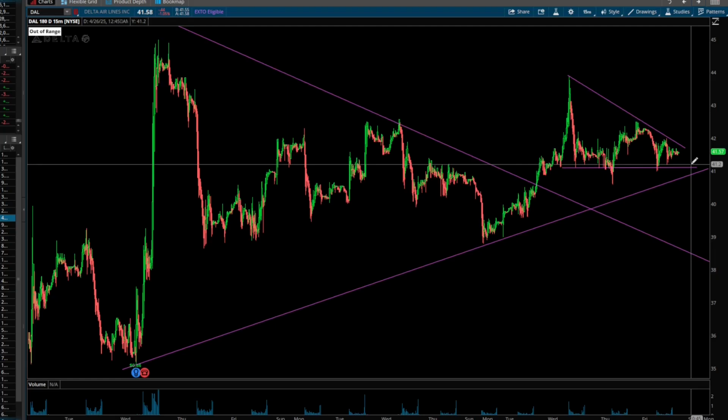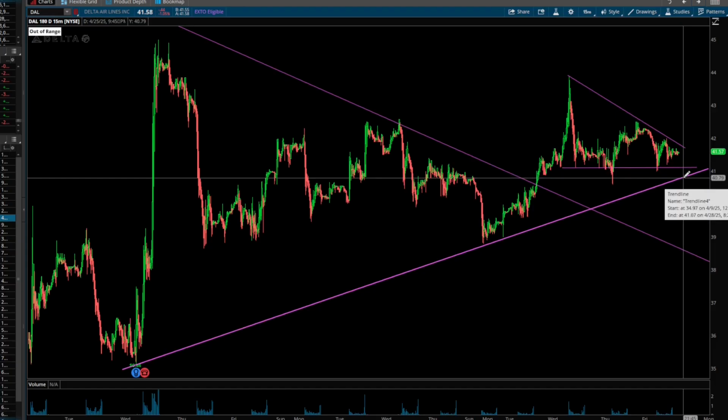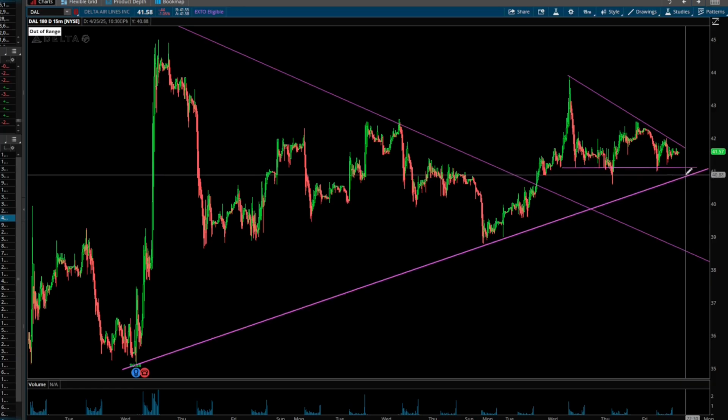In my head, there's no reason, based off just a fantasy, to stop out until it's under the trend line. So we move our mouse to the trend line, and that's at 40.81. We'll round that off to 40.80. You quickly do the math in your head: 41.20 minus 40.80 is 40 cents. If I'm only risking 0.10R, and let's say my R is $1,000, then 0.10R is $100.